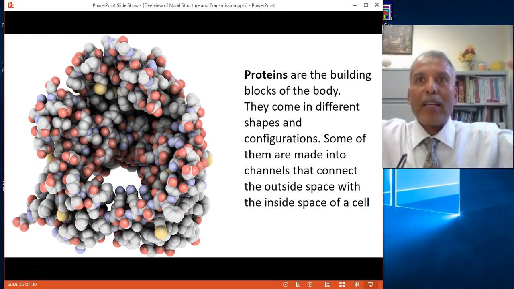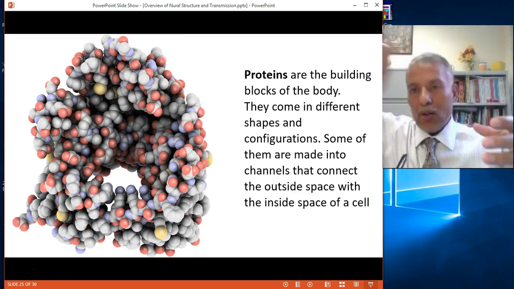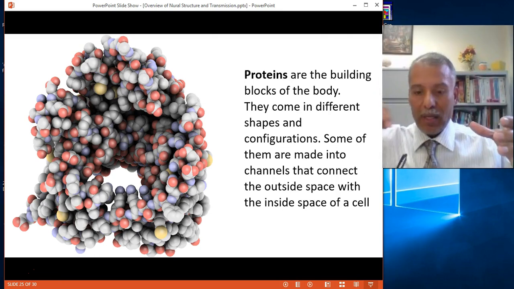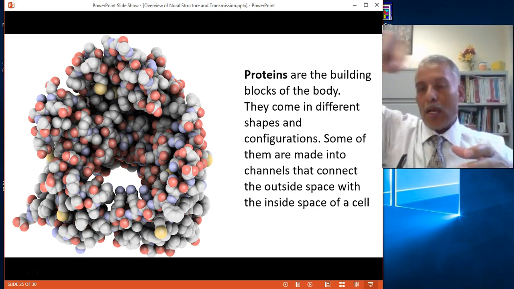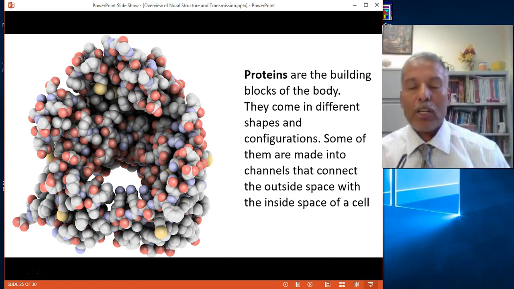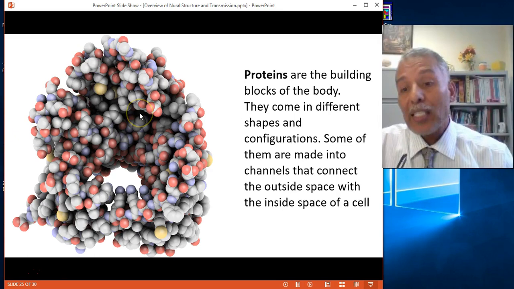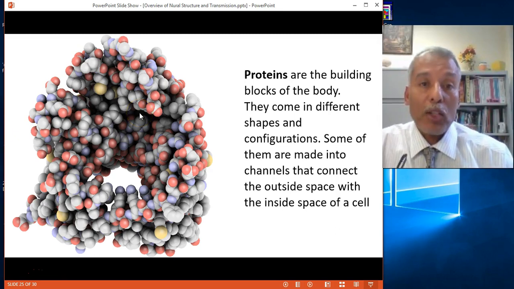Now you can make a huge, big structure that has a hole inside, but outside the balls are all lined up and strung together, and you can make different structures out of them. So this is how the protein works. The protein is the building block of the human body or the animal body.